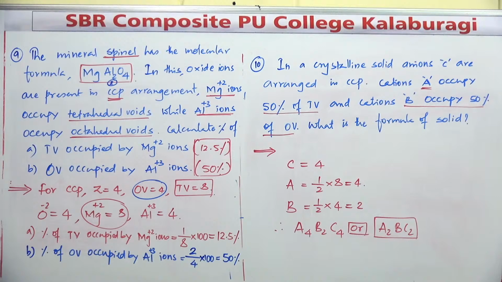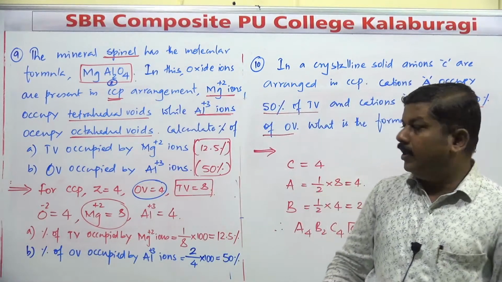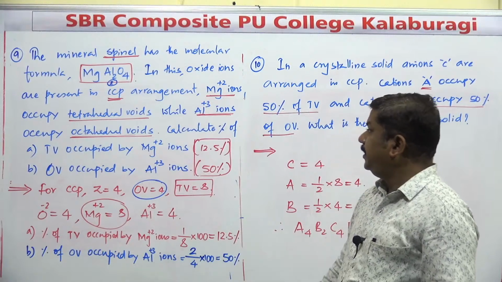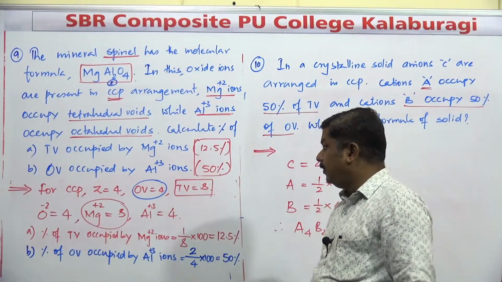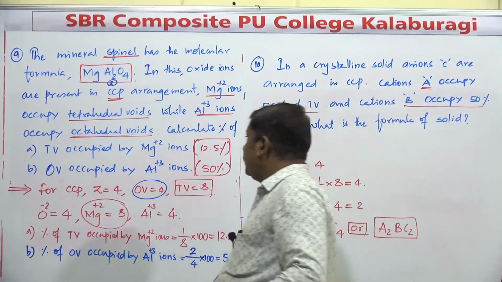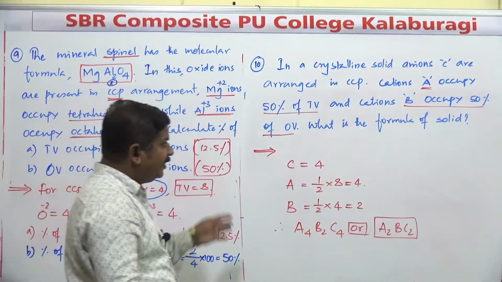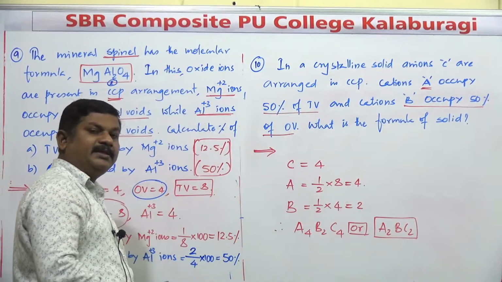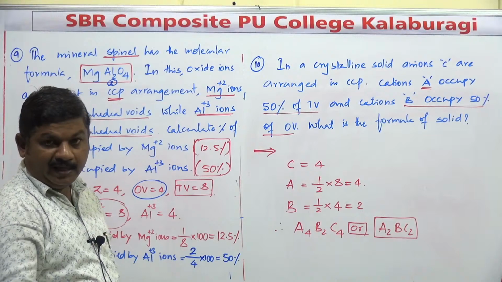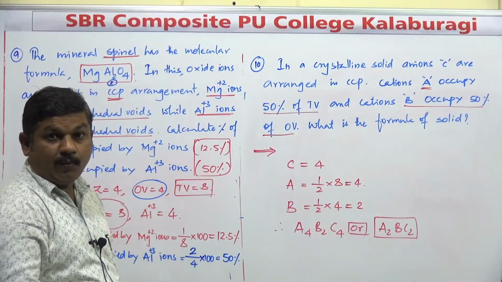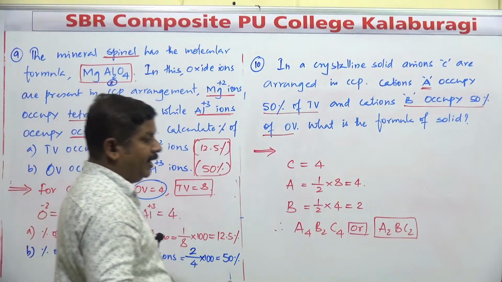So these are some of the numericals based on calculation of the formula of the unit cell, as well as the percentage of the total voids, octahedral voids as well as tetrahedral voids. After complete discussion of these numericals, you can get the answer for any type of problem if it is based on the total voids, that is octahedral void or tetrahedral void.